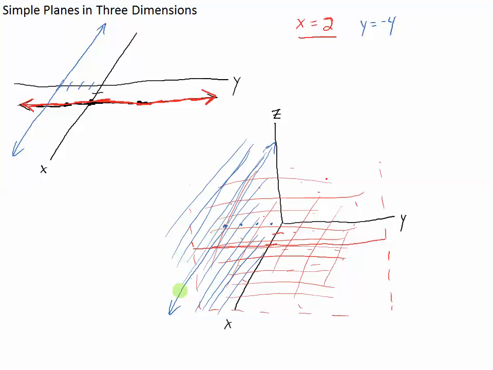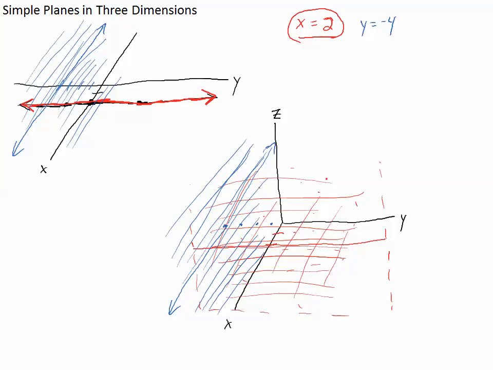This is a plane that runs front to back through Y equals negative 4. And I apologize if it's hard to see with both of them, but I hope you get the point. You can stack these lines in the 3rd dimension to get a plane, if you expand this dimension system to 3 dimensions. And so when you have a variable equals a number, you just simply get a plane and it goes through that axis at that number. So the X equals 2 plane goes through the x-axis at 2.